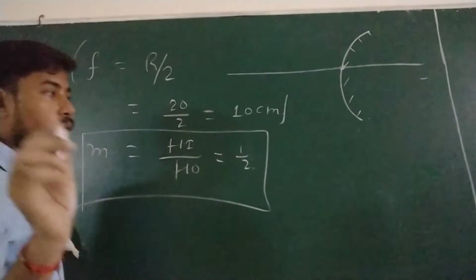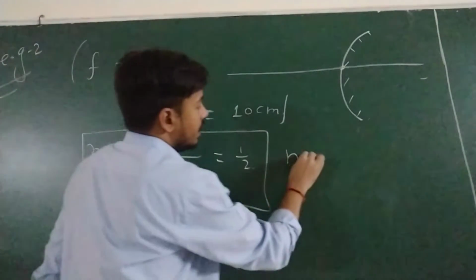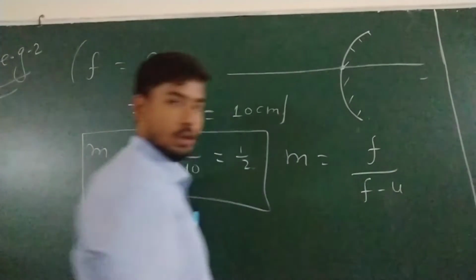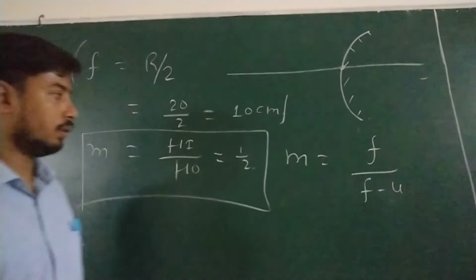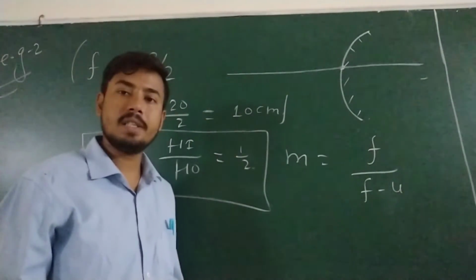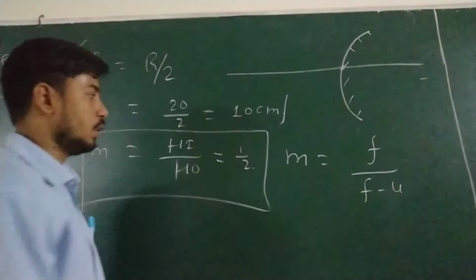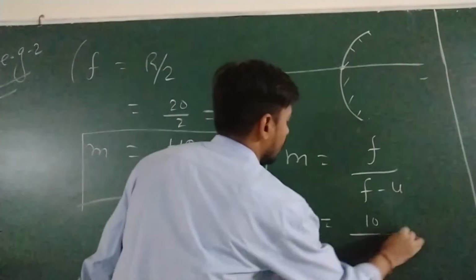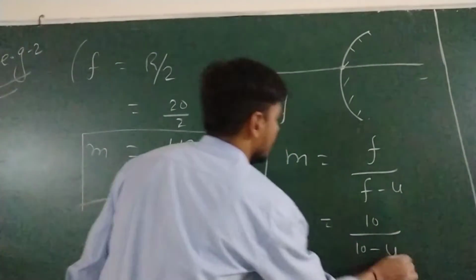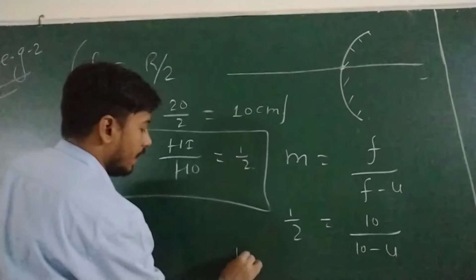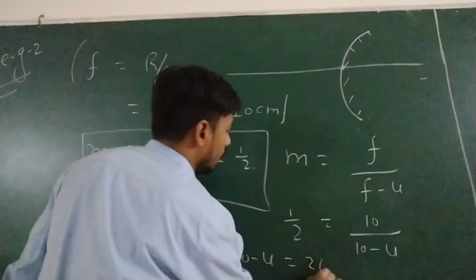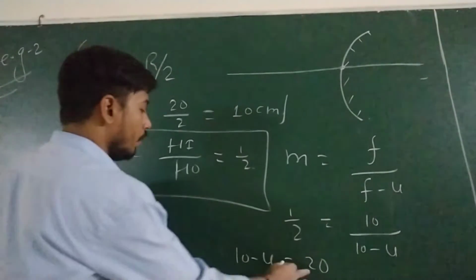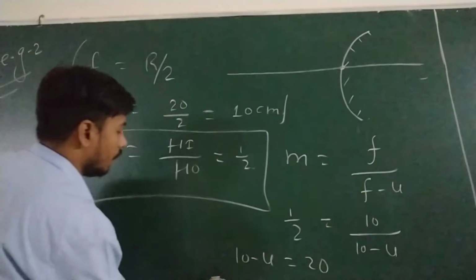Yesterday I taught you one relation: M is equal to f by f minus u. Put this value 1 by 2, F is 10, so 1 by 2 is equal to 10 by 10 minus u. Just cross multiply: 10 minus u is equal to 20.